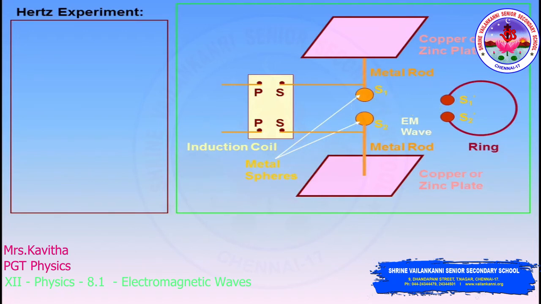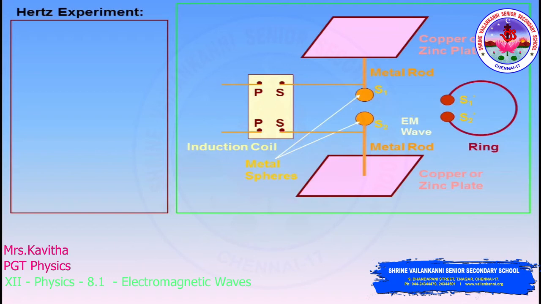The two thick wires are connected to the stationary terminals of an induction coil. Every time the current in the primary circuit of the induction coil is interrupted, a large potential difference is set up across S1 and S2, and the metal plates get charged.